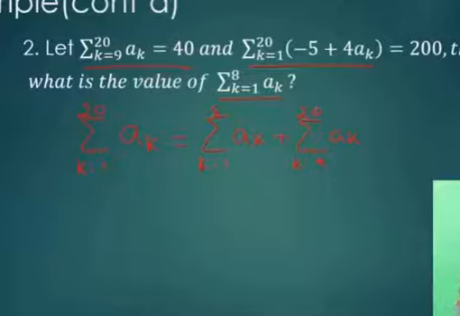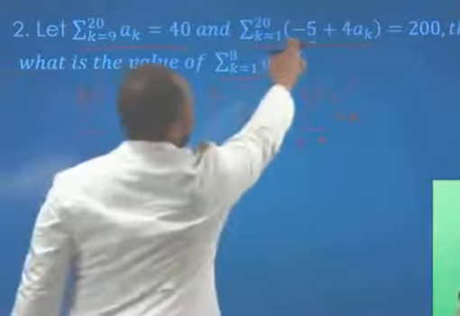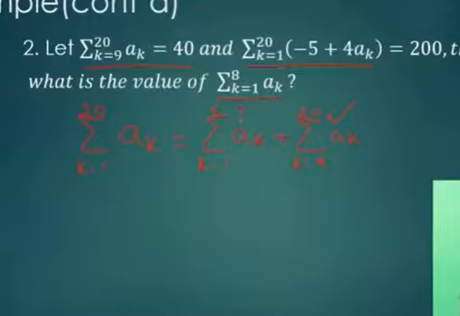We are asked to find what? The summation of a_k, k starts from 1 up to 8. Here, we have the summation of a_k, k from 9 up to 20, which is given and known. But the summation of a_k, k starts from 1 up to 20 is not known. However, the summation of (-5 + 4a_k), k starts from 1 up to 20 is given.